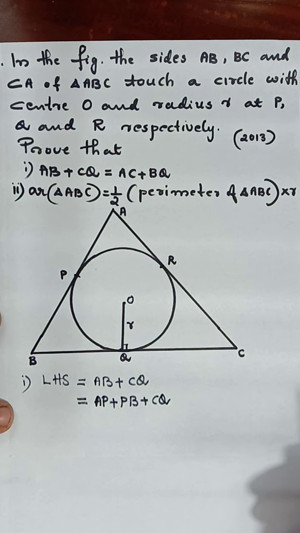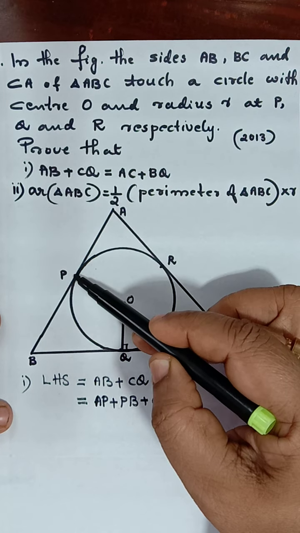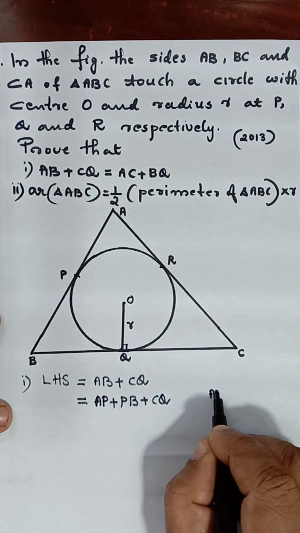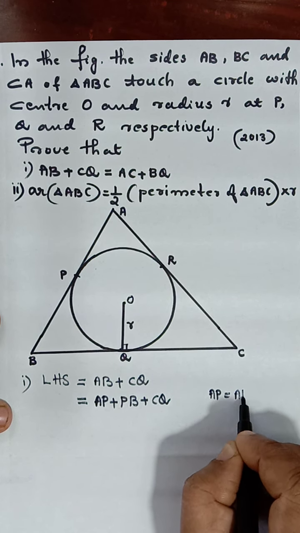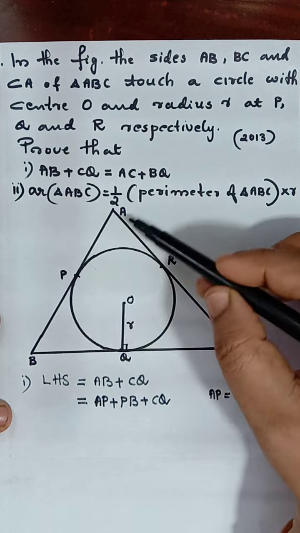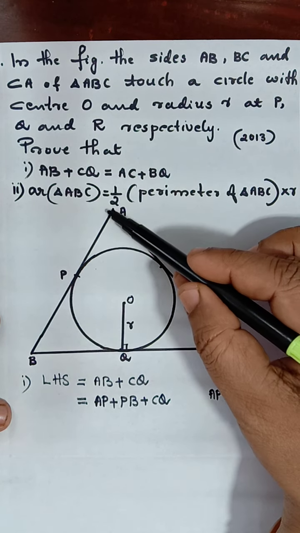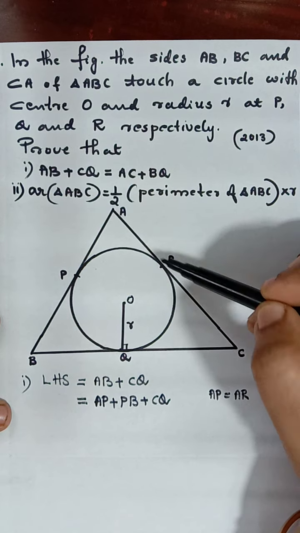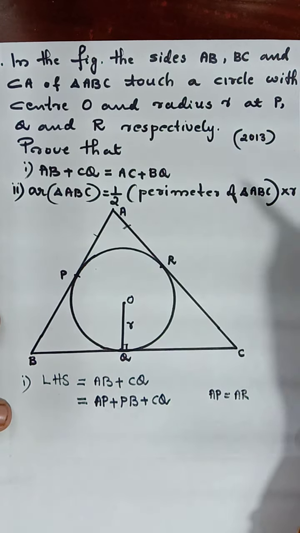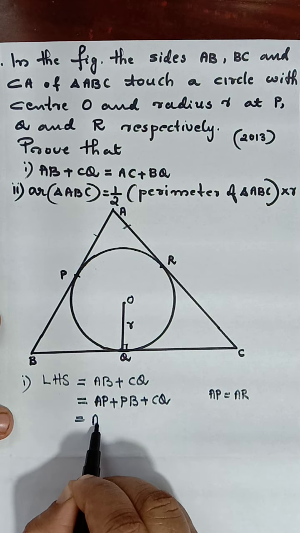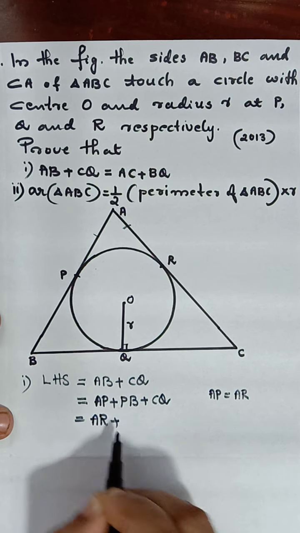What is AP equal to? Is AP equal to AR? AP equal to AR. What is the reason? Lengths of the tangents drawn from an external point to the circle are equal. So instead of AP, I am going to write AR.